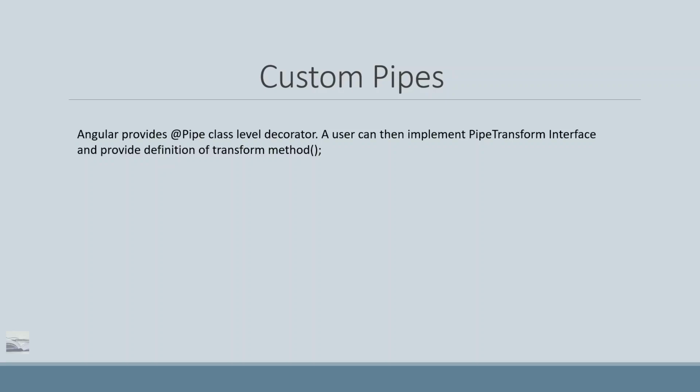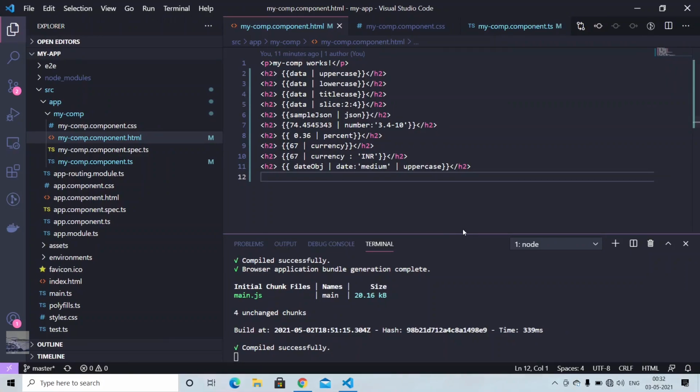Also, if we implement the PipeTransform interface and provide the definition of the transform method, we can provide our own custom logic. Sometimes we need application-related implementations only, and we don't want to change the data itself, so we can leverage this custom pipe feature. Let's take a look at how we can do that.